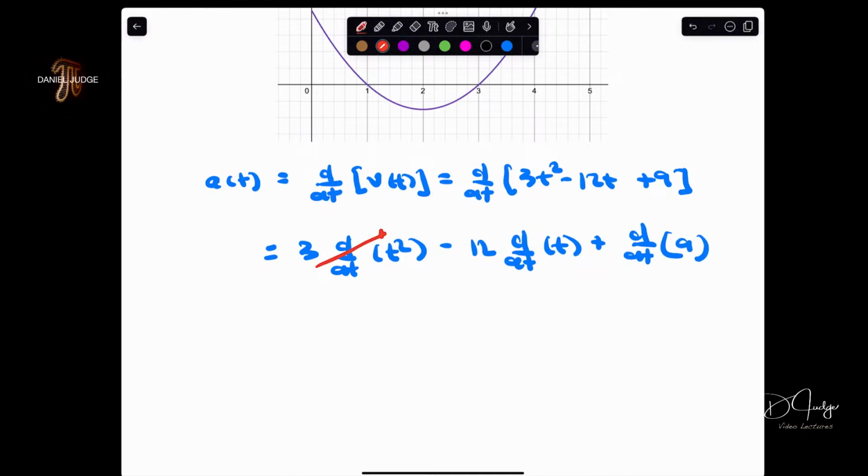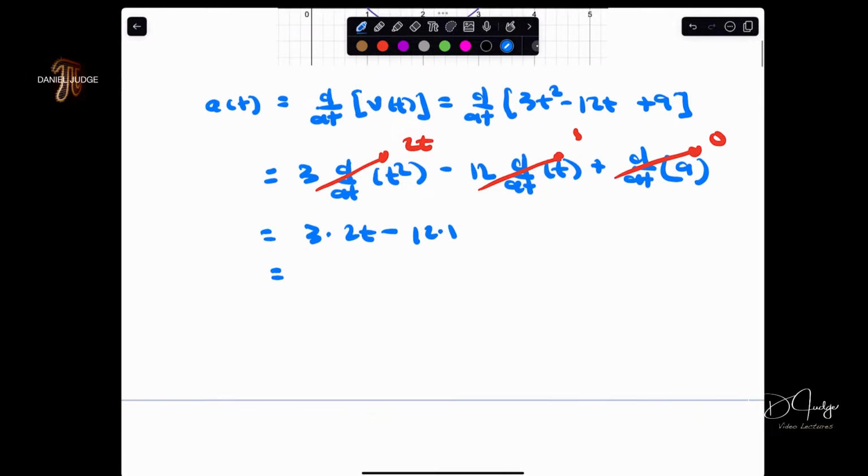The derivative of t squared is 2t, the derivative of t is 1, and the derivative of a constant is 0. And I think that's 12 times 1. So 6t minus 12. So we found the acceleration function here.